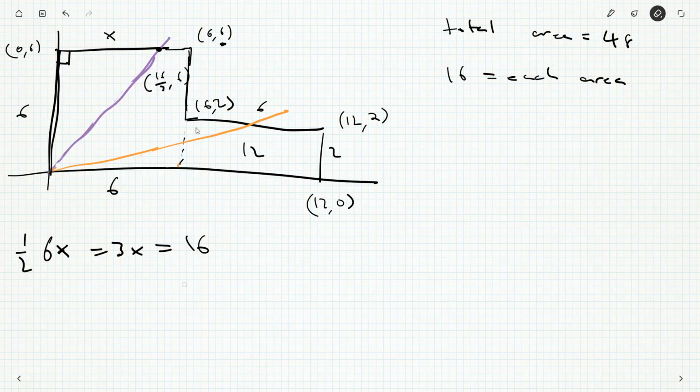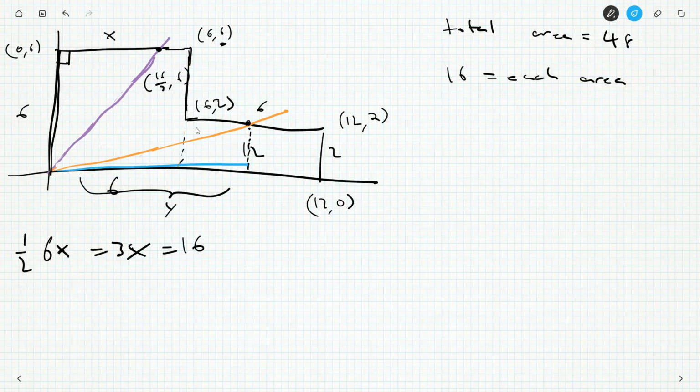So from there I can figure out the slope. The slope will just be rise over run. What can we say here? I suppose if I call the other distance we go over y, then I'll have this blue right-angled triangle here, which has a height of 2 and a base of y, and then over here we've got 12 minus y times 2.